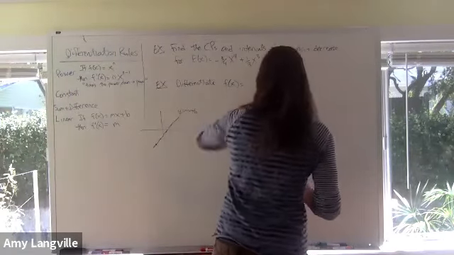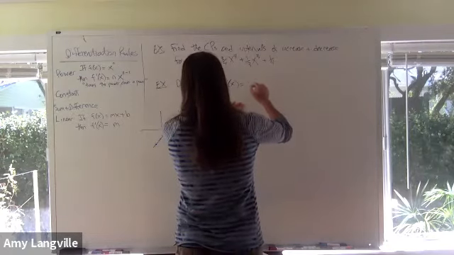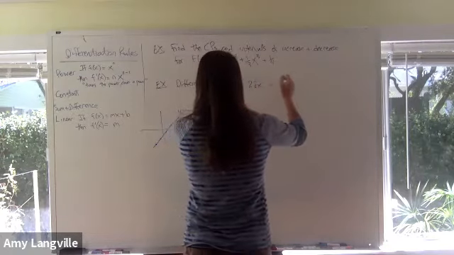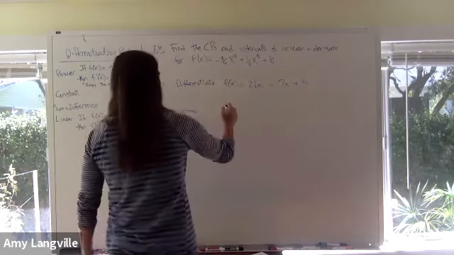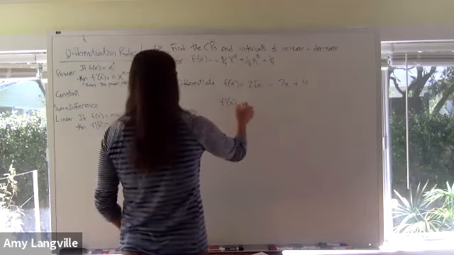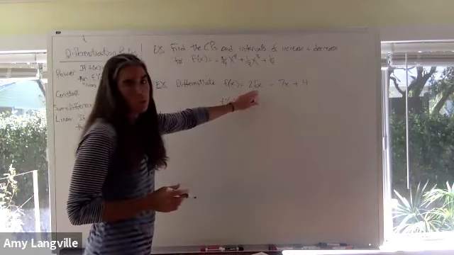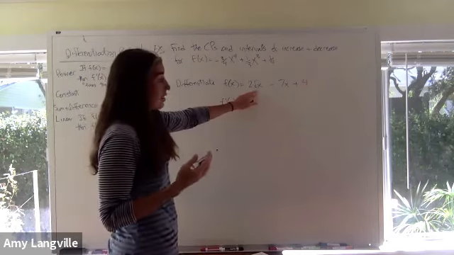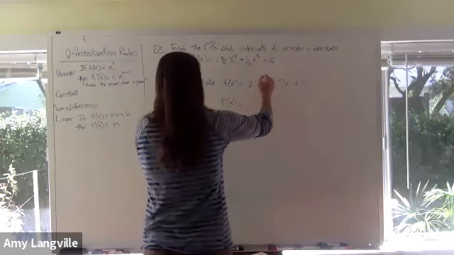Okay, just to make sure we got that, can we do this one? 2 square root of x minus 7x plus 4. Before I take the derivative, it's going to help you if you rewrite this in its exponent form. So this is really the exact same thing as 2 times x to the 1/2 power.